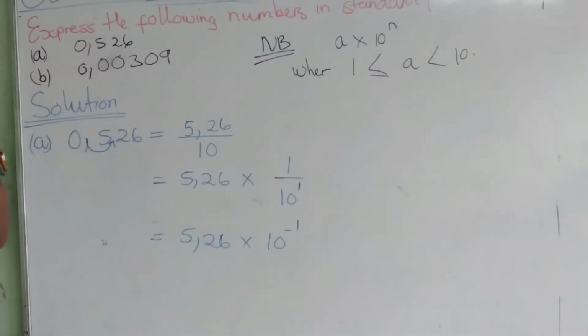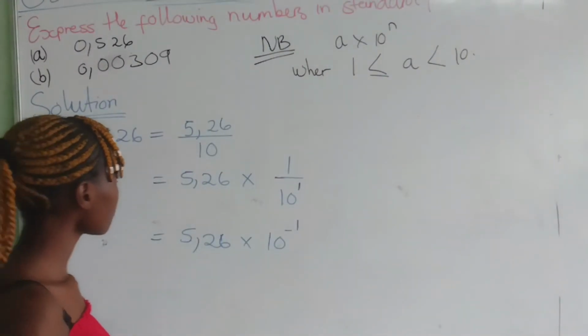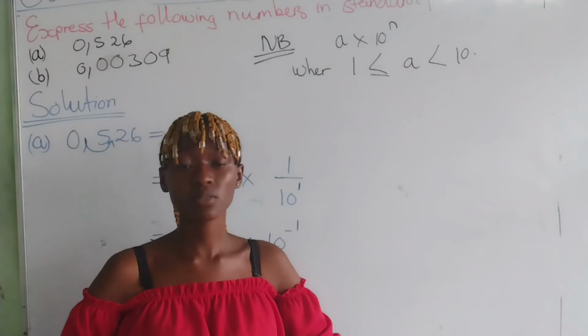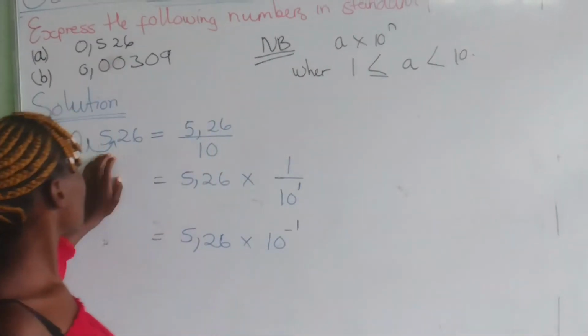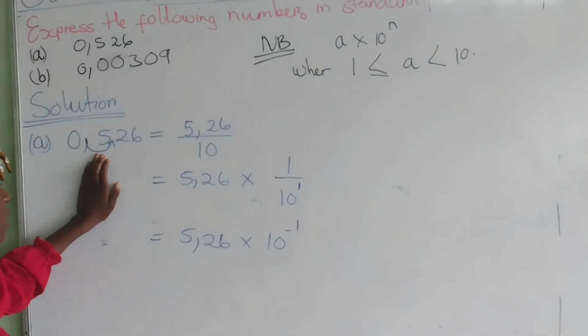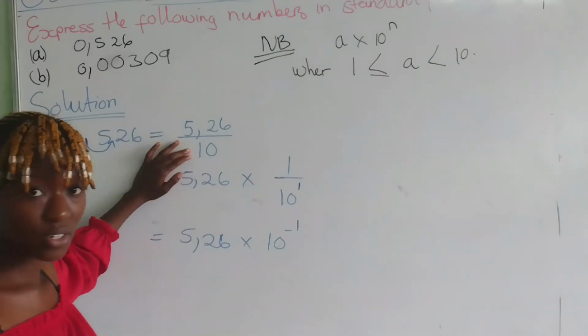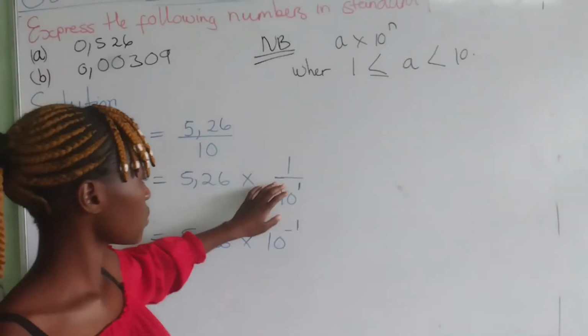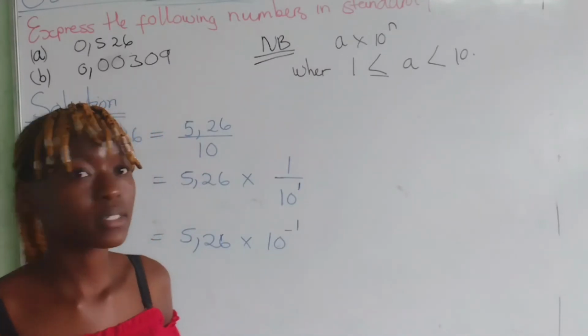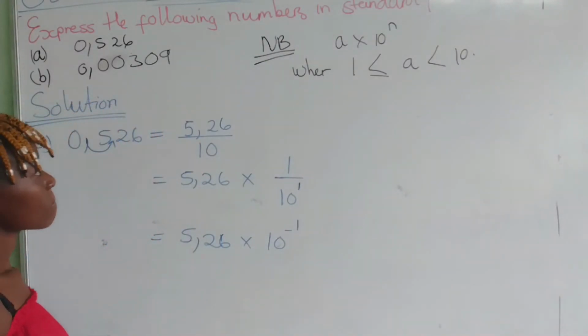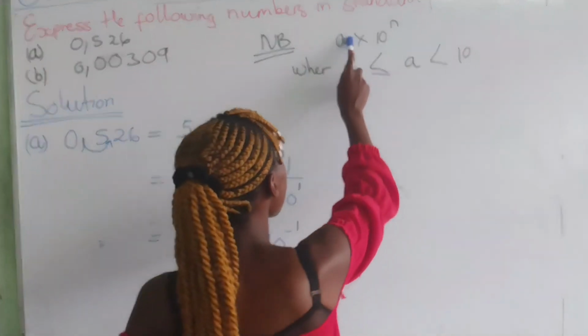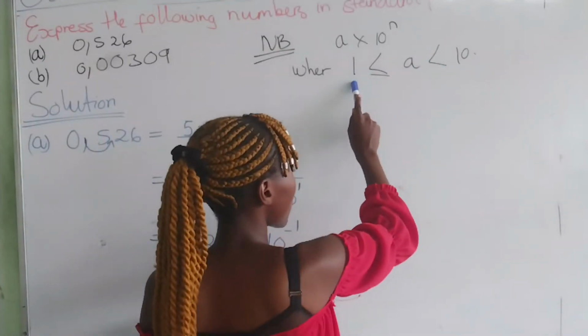Okay, guys. As I've said, someone might ask me, why did we move one decimal place here? Why did we put over 10 here? Why did we invert? This is what is happening. We said for our A to be in the range 1 to 10.